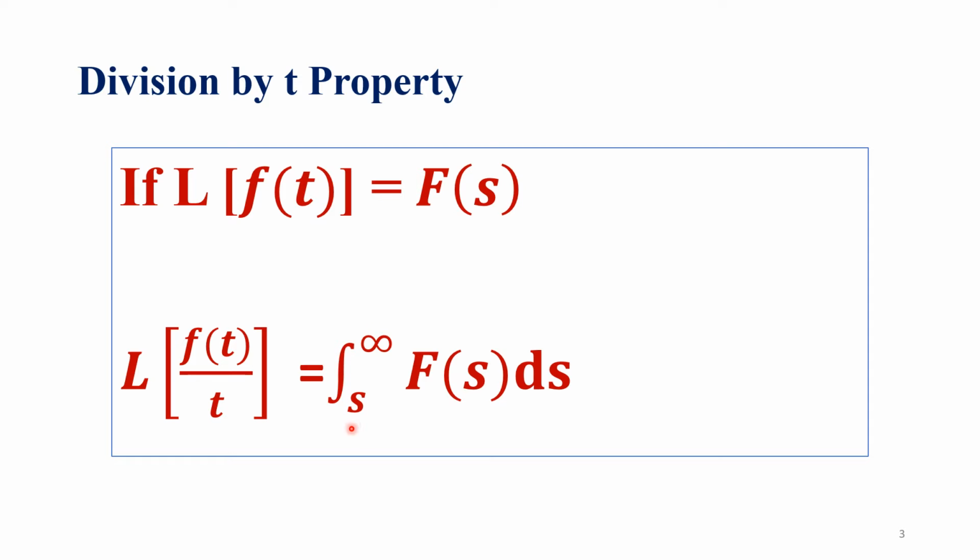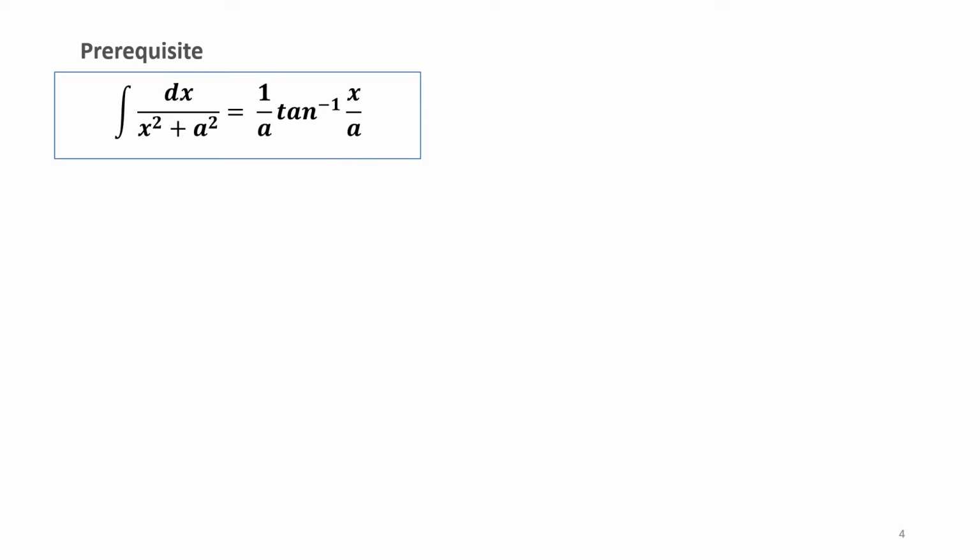So we are supposed to know some prerequisites before starting with these problems. The first prerequisite is the formula for integration of dx upon x square plus a square. Integral dx upon x square plus a square is defined as 1 by a tan inverse of x by a.